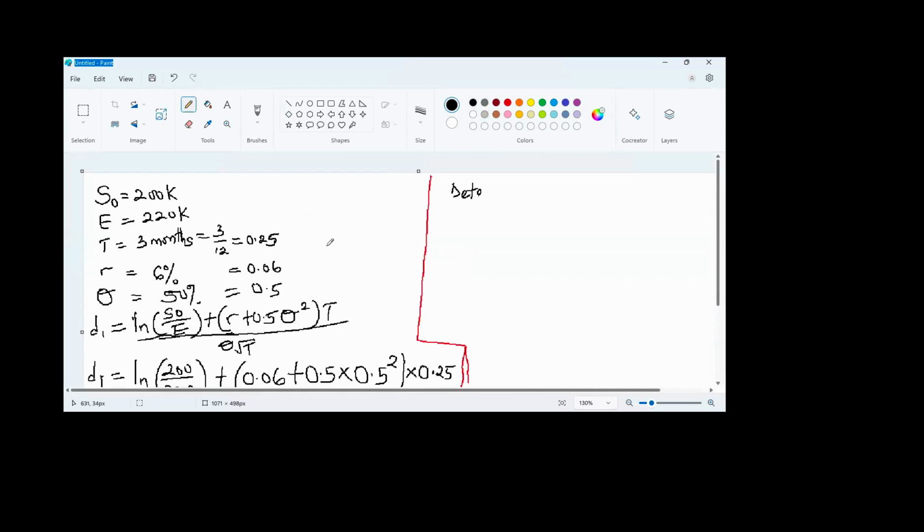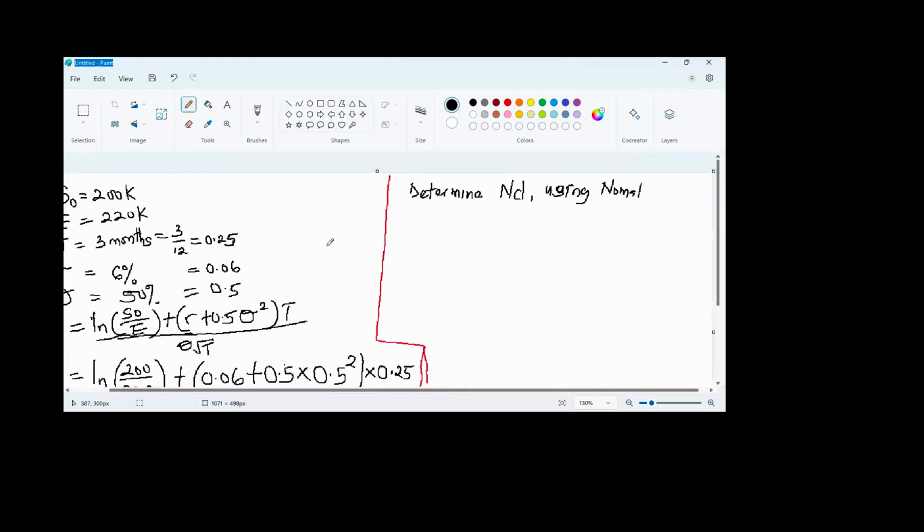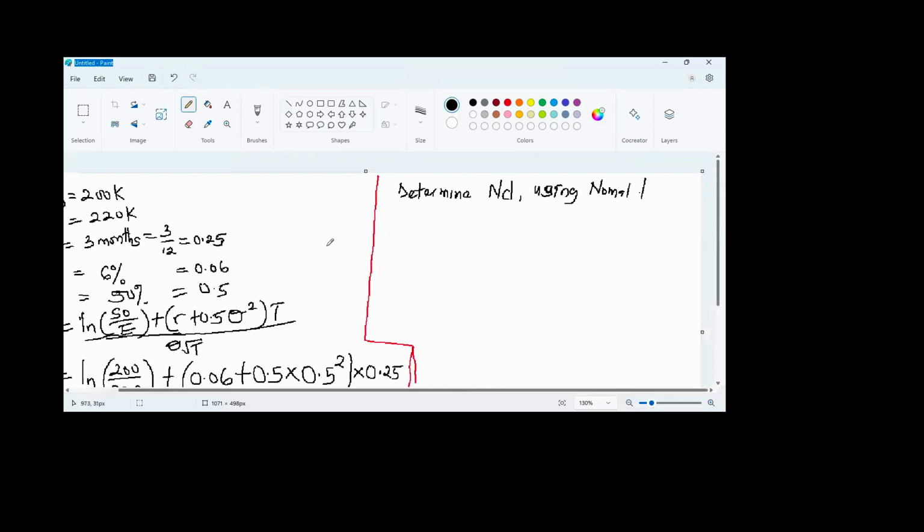Determine N(d1) using normal distribution. Remember, pick your d1.